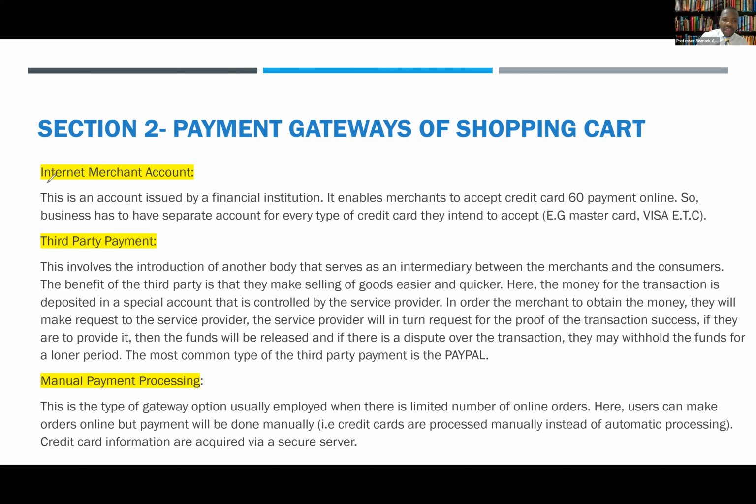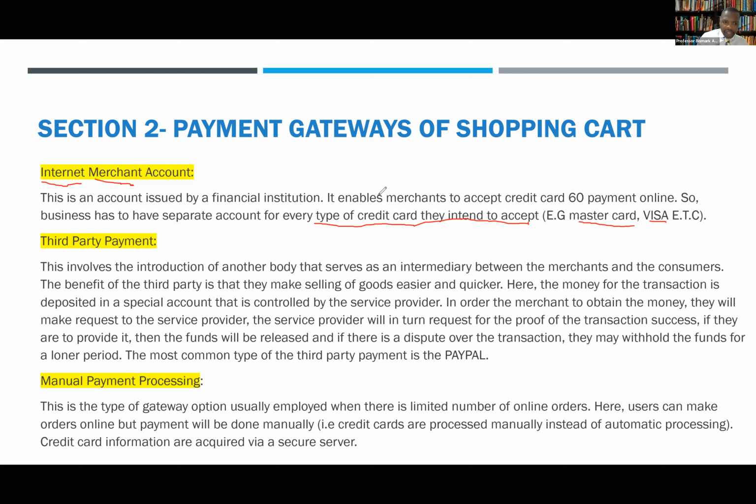Okay, so when we have the internet merchant, they have the different types of payment that they will accept. And some of the very, very common ones, if you're using a card, are MasterCard, Visa, and so forth.